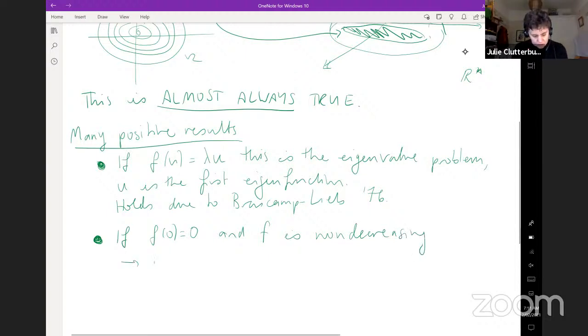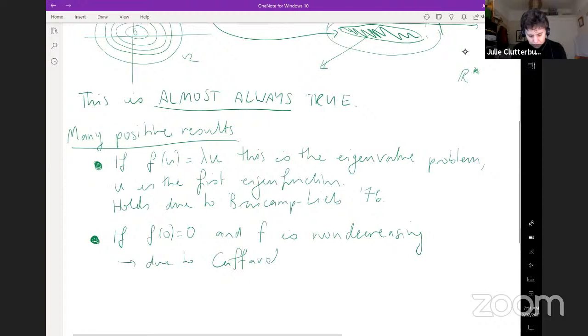This is due to Caffarelli and Spruck, I think in 82. And there's kind of a whole industry of finding these kind of results. And that would sort of be nice if it was always true, but the reason why it's actually intriguing is there's also a counterexample.